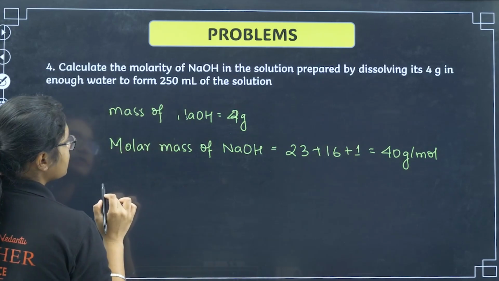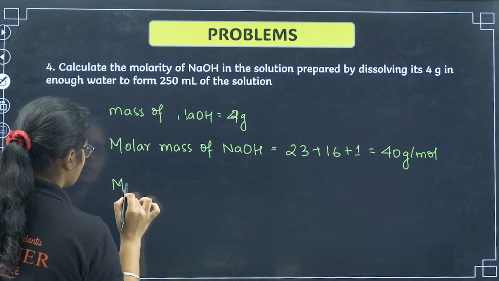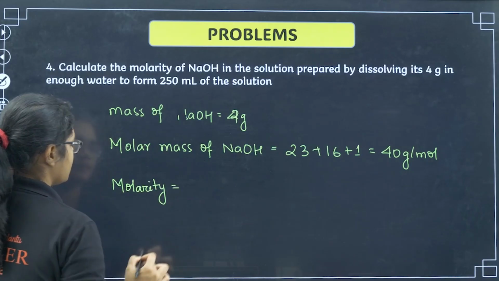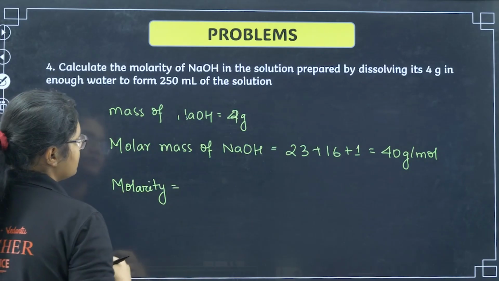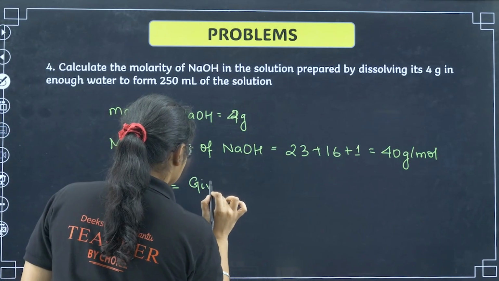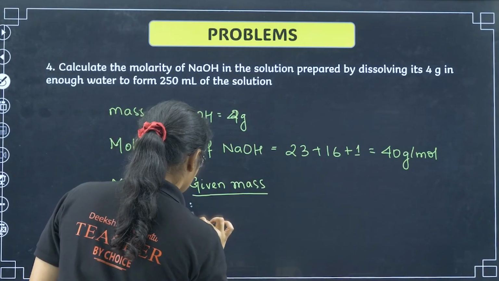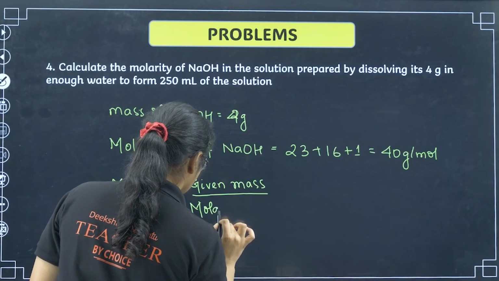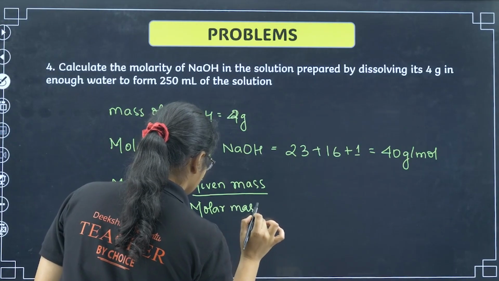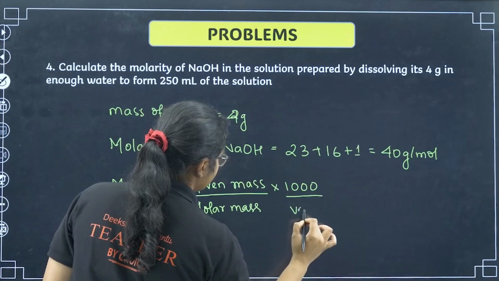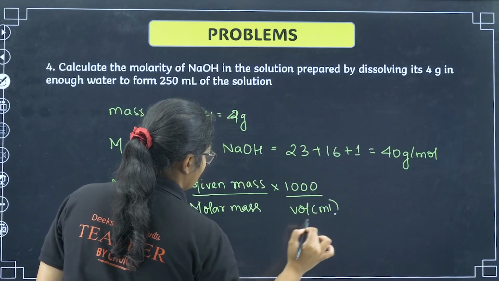Now what do I have in the molarity? Molarity is equal to given mass by molar mass into 1000 by volume of the solution in ml.